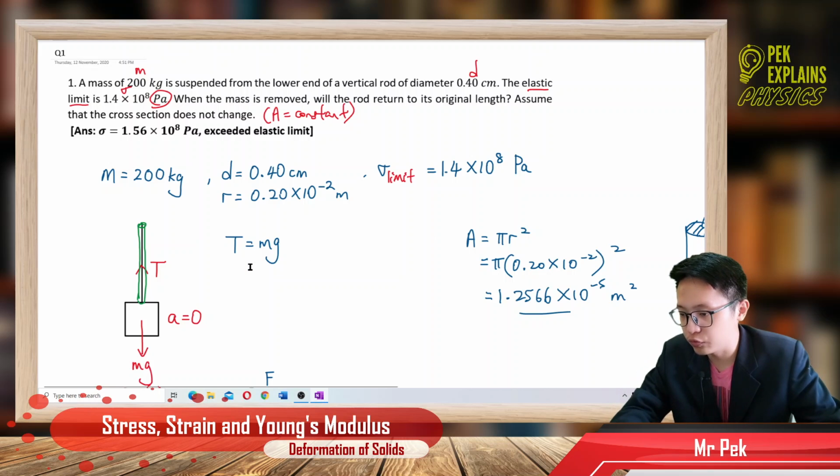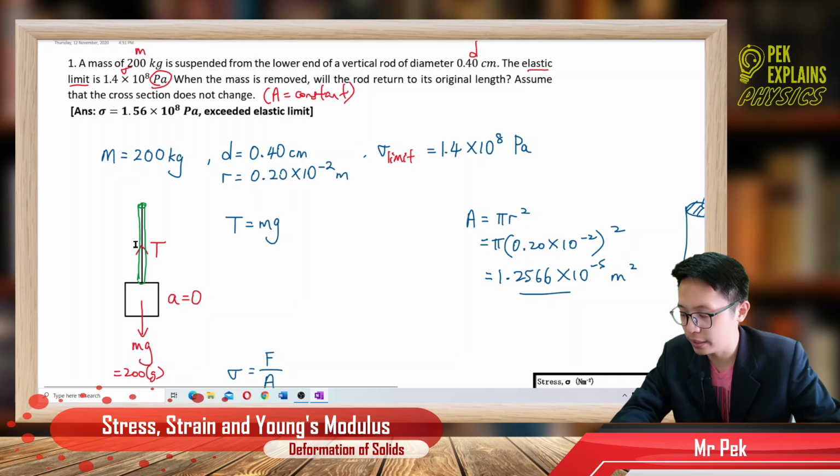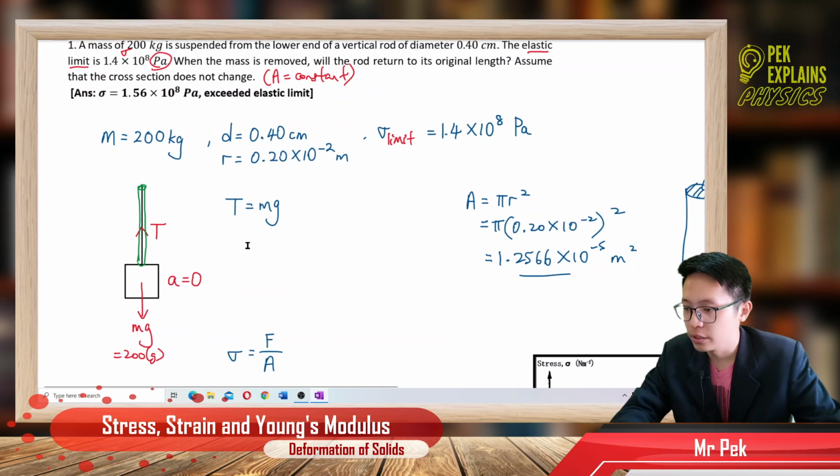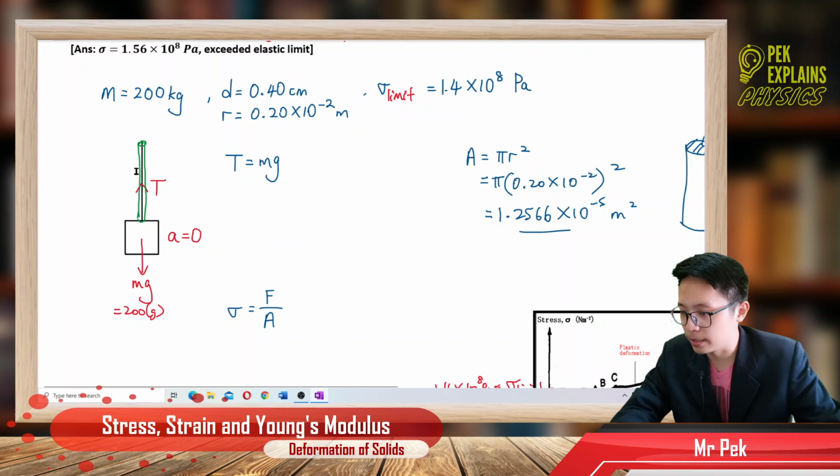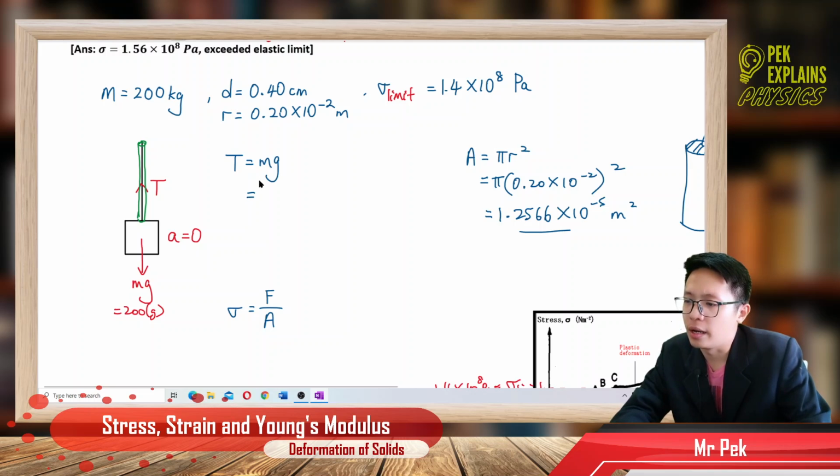Now we need to find the tension in the string. Because this one is in equilibrium, no acceleration, the tension is equal to mg. So 200 kilogram times 9.81.